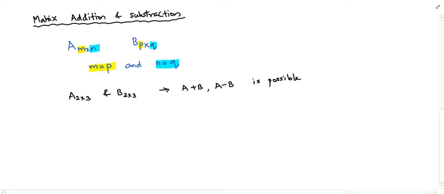In this case, as it is possible to add the two matrices because their dimensions are the same, the resulting matrices A plus B and A minus B will have the same dimension as A and B. So the dimension will be 2 by 3.